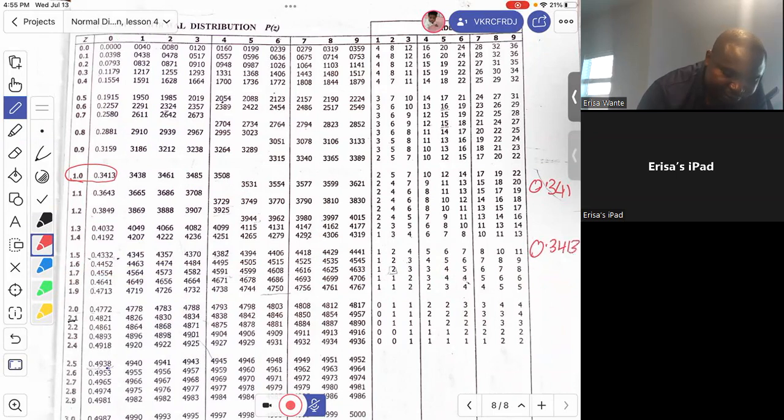Then I have to move to the second column in addition. There is a situation where the table comes and disconnects. So if you go to addition, you continue with it in the column of addition, don't go down. So under 2, we have a 5. So add here 5, and then you have 0.3418.